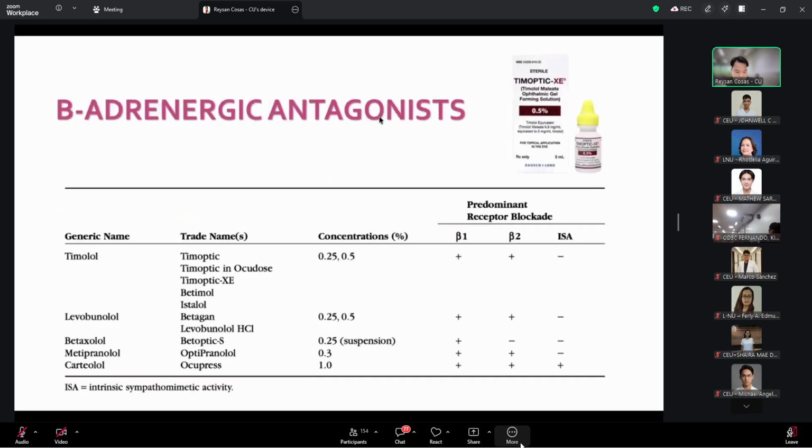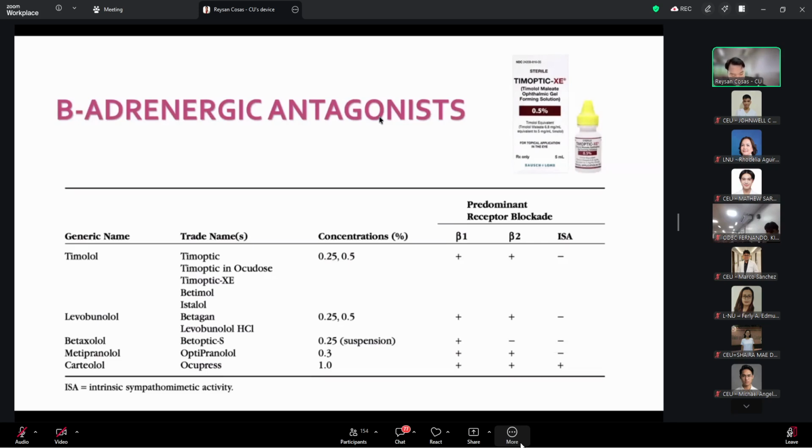Let's now move on to the beta receptor. Okay, beta adrenergic receptor antagonist, or we call them the beta blockers. Okay, so let's focus only on the beta blockers which are used for glaucoma. So again, we have selective and non-selective.